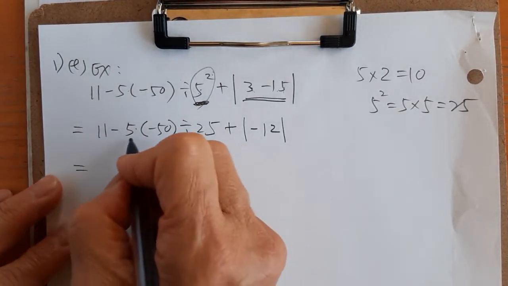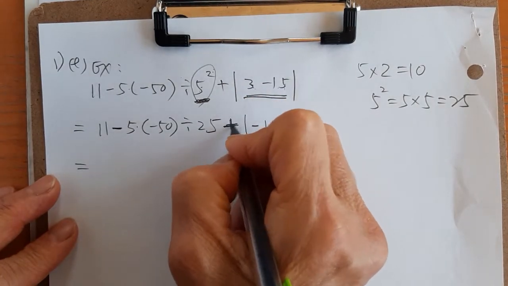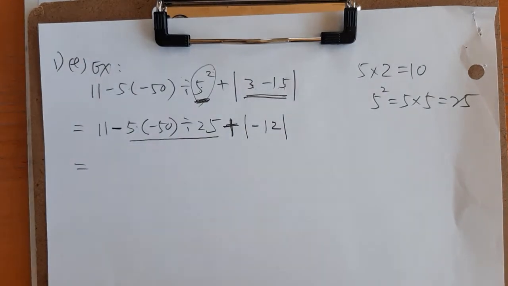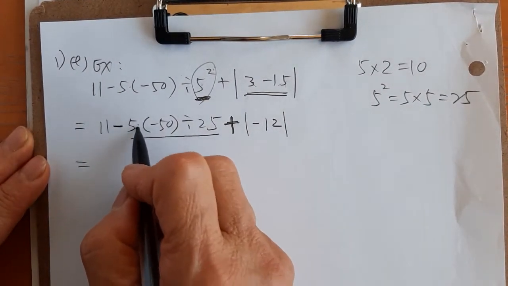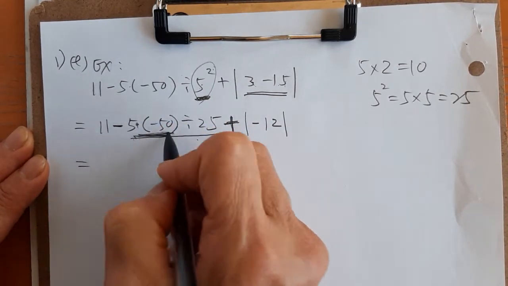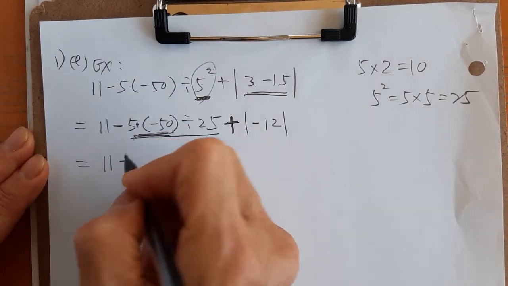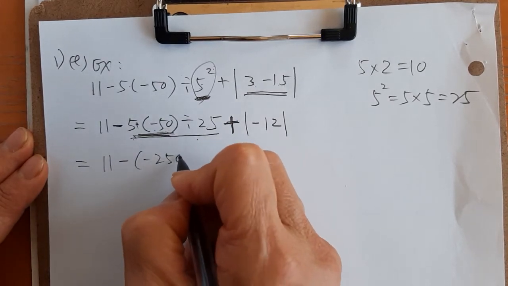And then do my subtraction, and the division is done last. We have to do multiplication, division before addition, subtraction. For multiplication, division, do from left to right. So do multiplication first and then do division. So it's 11 minus this, 5 times negative 50 is negative 250.